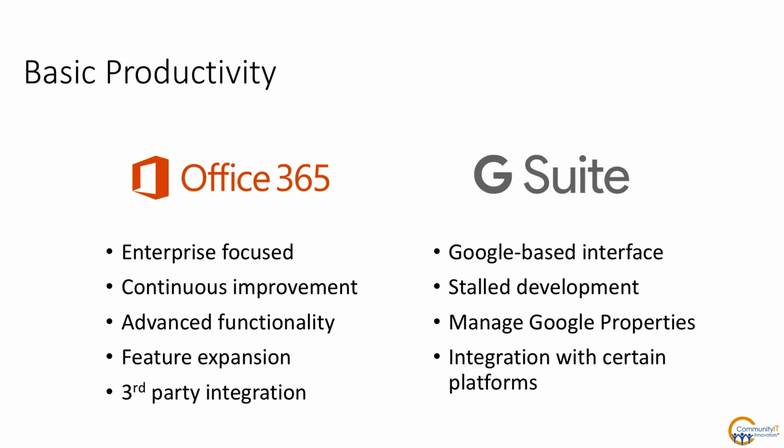These are what is meant by basic productivity. And there are basically two options, and there's really only one for a lot of organizations. But those two options are Office 365 and G Suite. G Suite, formerly known as Google Apps, has been rebranded by Google into G Suite.